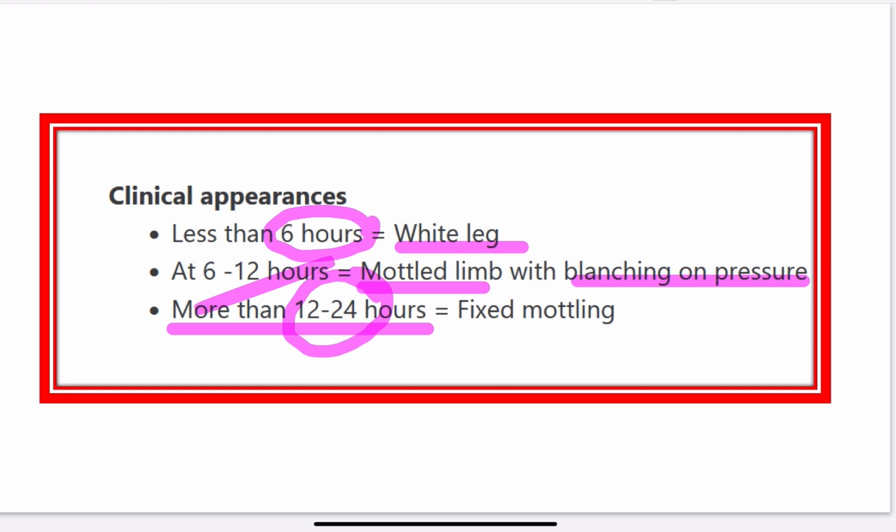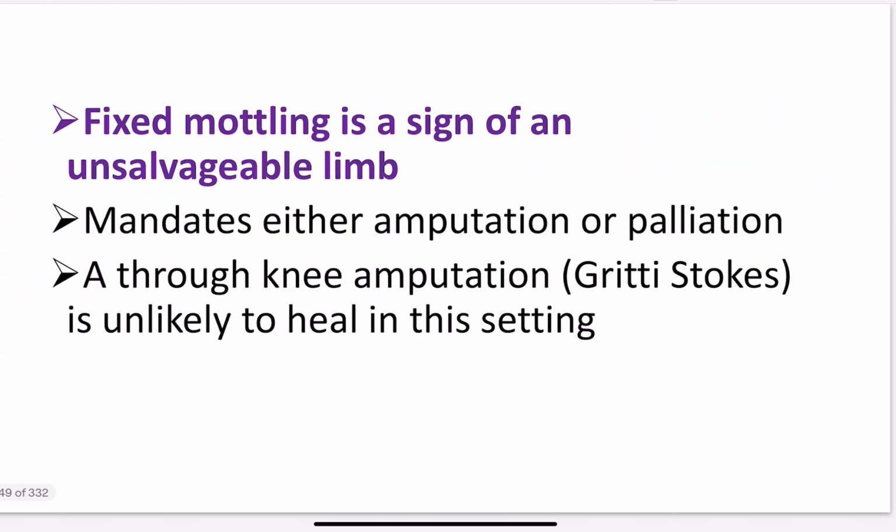So in case of the dead limb, directly go for amputation. And when there is the white leg, in this condition surgery or angioplasty or angiography is the option. So the fixed mottling is a sign of an unsalvageable limb. Salvage is not possible. It mandates either amputation or palliation.